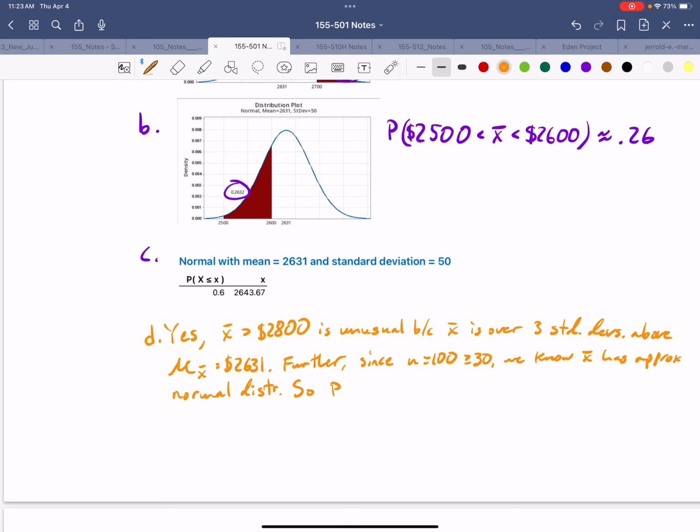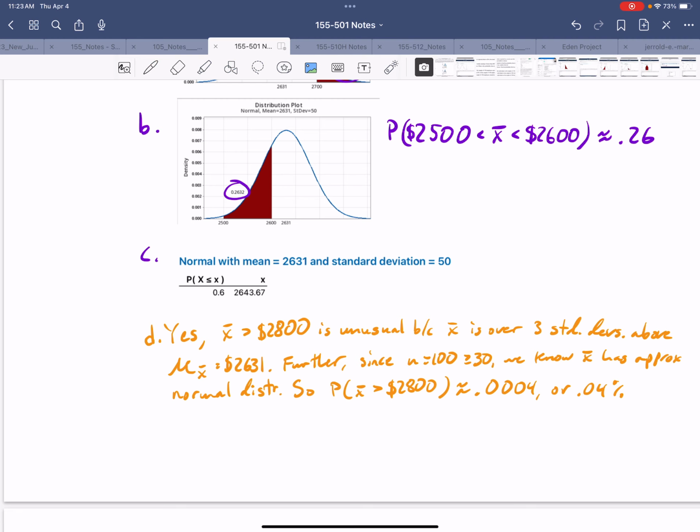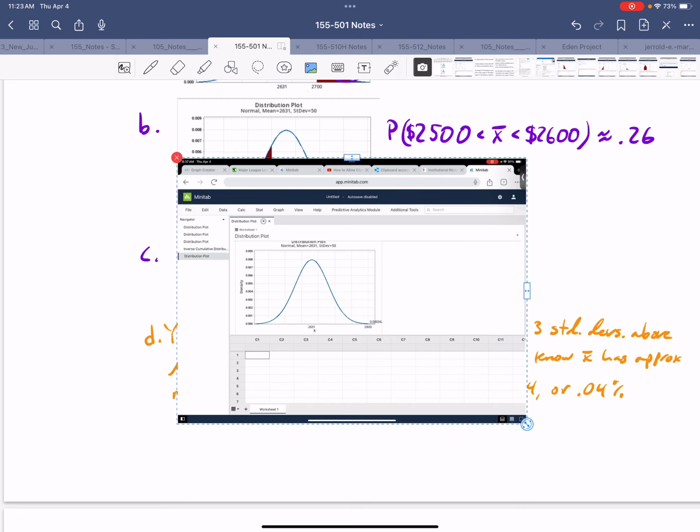So it turns out that the probability that x bar is greater than 2,800 winds up being very, very small. It winds up being approximately 0.0004 or 0.04%.